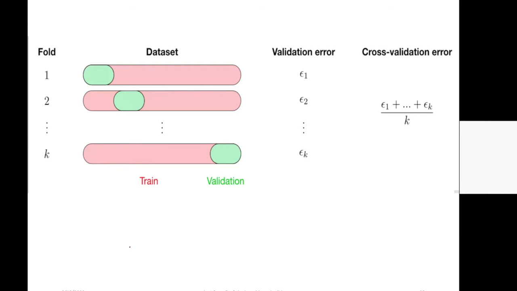For each fold, you get this validation error, and then you put all of these together, take a summation over this K, and this is the cross-validation error you're going to use. You will use this to perform model selection or hyperparameter tuning.